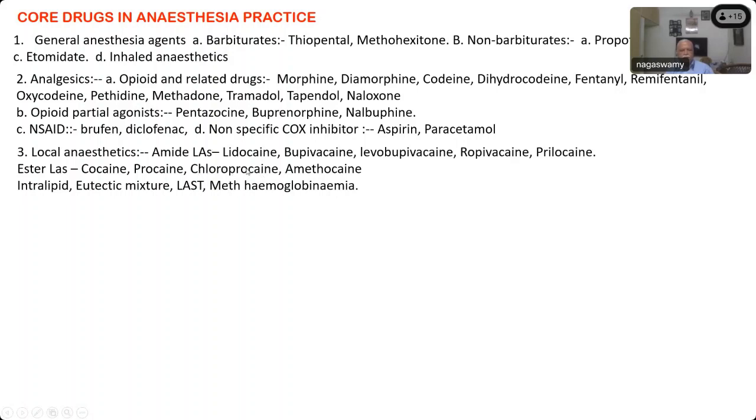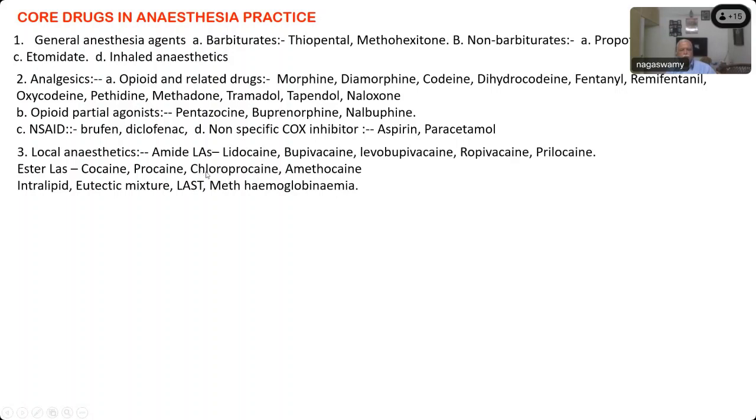And what is the advantage of using chloroprocaine? Where is it commonly used? In daycare procedures, because it is a very, very short acting local anesthetic agent. Even when you administer it in spinal anesthesia, a patient will recover within 25 to 30 minutes.